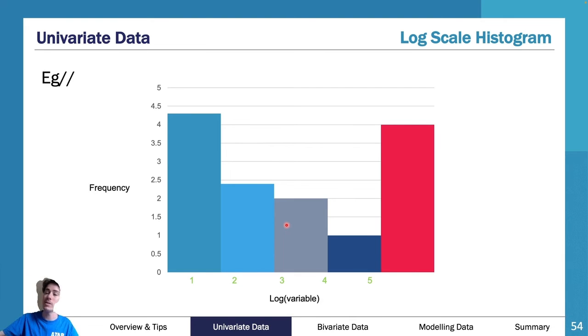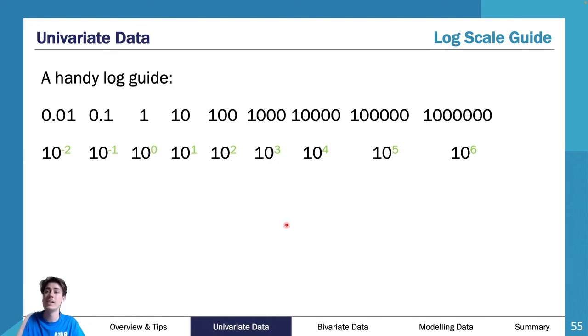And that's why we call this log and then whatever our variable is. So if we're talking about population, we'd say log bracket population. And as you can see here, this is what our log guide means. Your log is the value up here, the value that the 10 is to the power of. So a log of 2 is essentially 10 to the 2, which is 100.